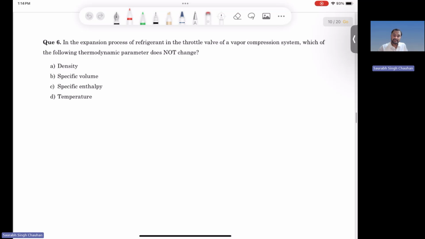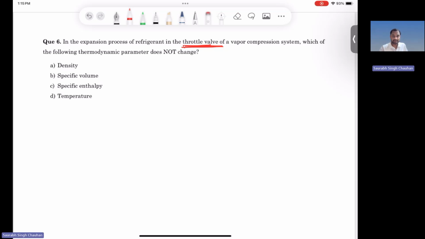It says, in the expansion process of refrigerant in the throttle valve, okay, so the throttle valve is used for the expansion process. Sometimes a capillary tube is used for the expansion process. So in the throttle valve of a vapor compression system, which of the following thermodynamic parameters does not change? We have four options: density, specific volume, specific enthalpy, or the temperature.